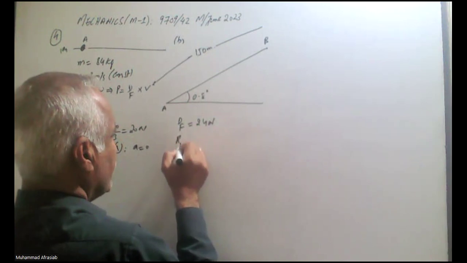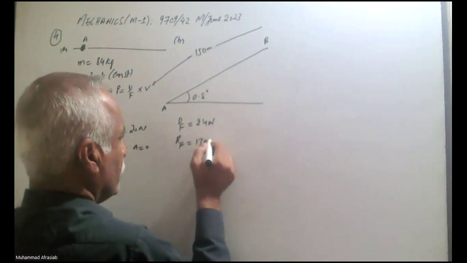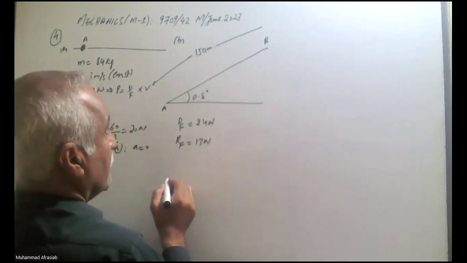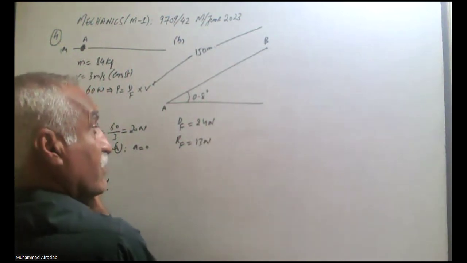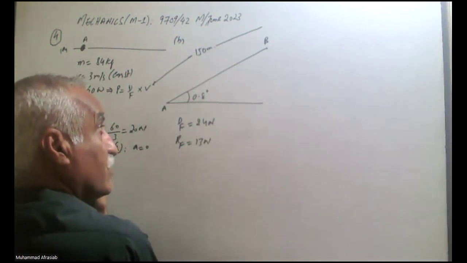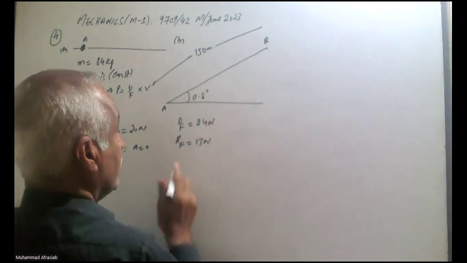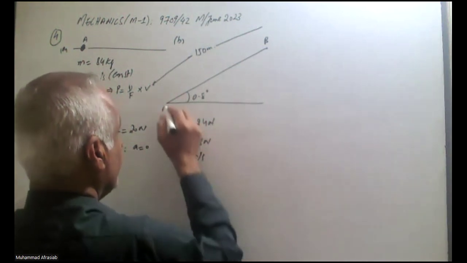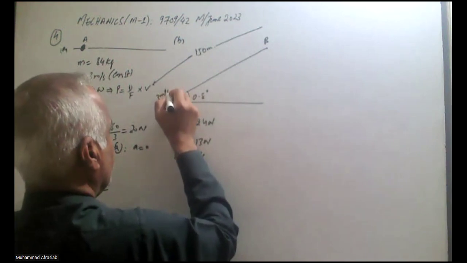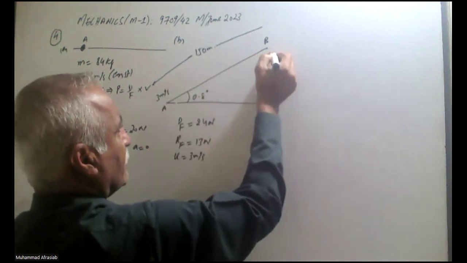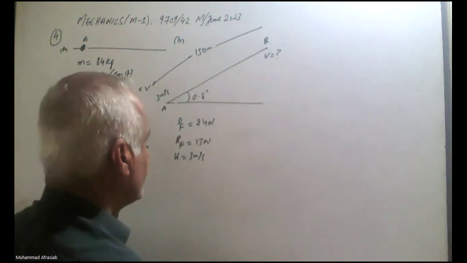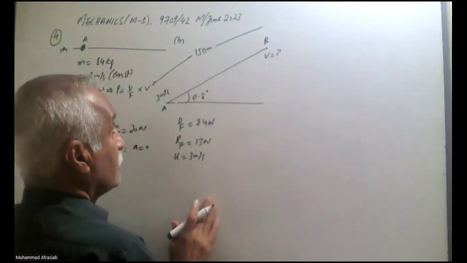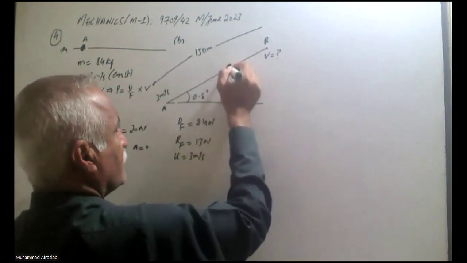There is a constant resistive force which is equal to 30 Newton. The initial speed is 3 meters per second. And for the final, we have to calculate. So let's say the particle at this position.